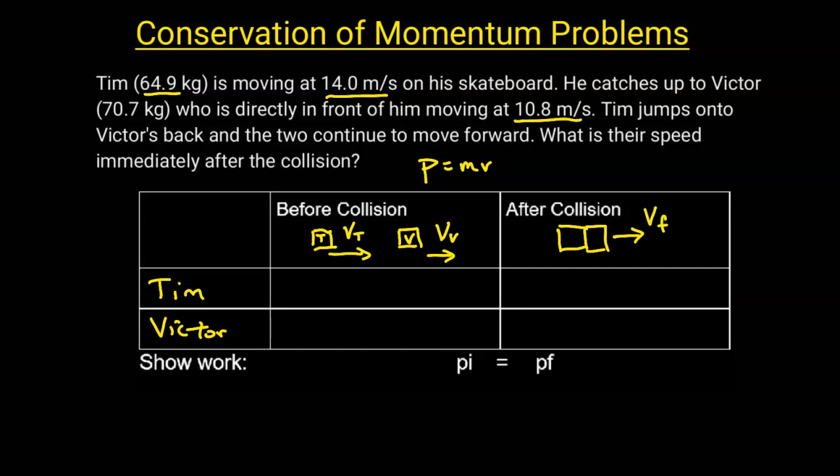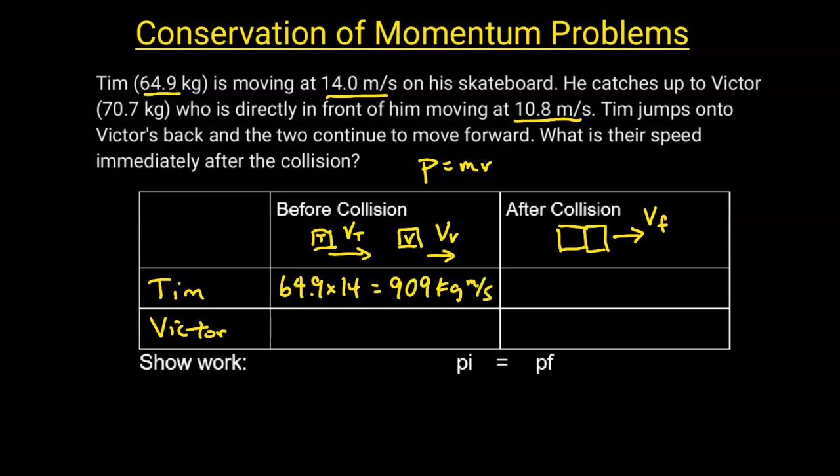Okay, so we're going to find the momentum of Tim before the collision, which is the mass of Tim, 64.9, times the velocity of Tim, 14, and we get 909 kilogram meters per second.